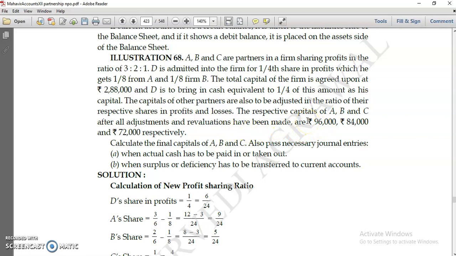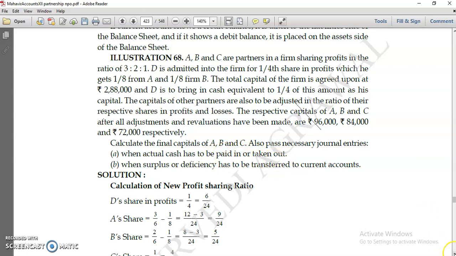Adjusted capital is the balancing figure of a capital account after adjustments like revaluation, profit, interest on capital and drawings: total the credit side and deduct the debit side. Calculate the final capital of A, B and C, and also pass entries when actual cash is to be paid or taken out. This is called deficiency or surplus.